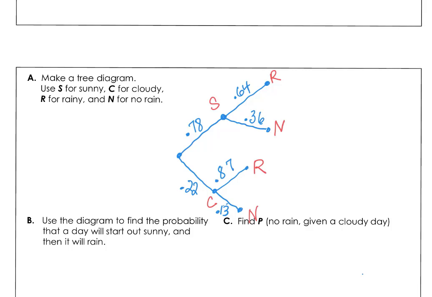So you can see that each branch on our tree diagram would have to match the data from the survey, and also would have to add up to be 100%, such as 64 and 36, or 87 and 13, or 78 and 22.